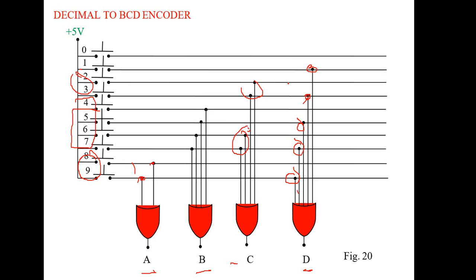We already know the decimal and BCD relation. If the 5th bit is 1, 5 means 0101. That you have to write in the truth table. After that, we have to check A is high with what condition, B is high with what condition, C is high with what condition, and D is high with what condition.